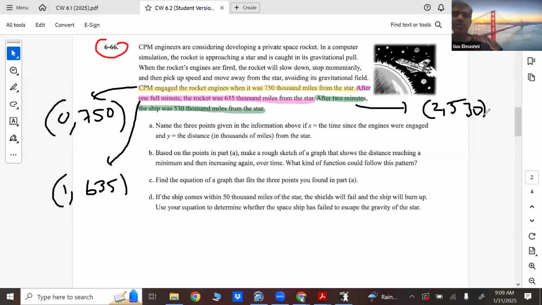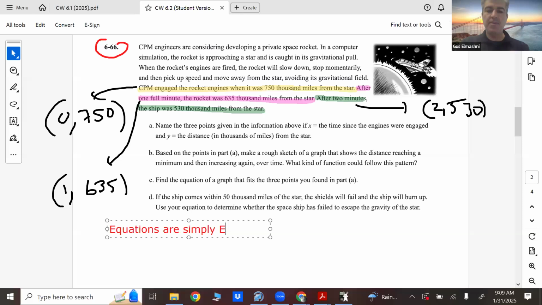Equations. This is actually probably the most important thing we're talking about here. Equations, which I'm pretty sure you guys haven't thought of this way, are simply relationships. I'm trying to get religious on you guys here, or spiritual.